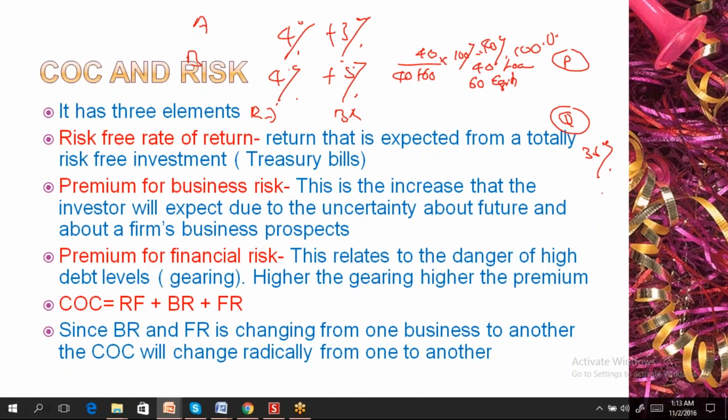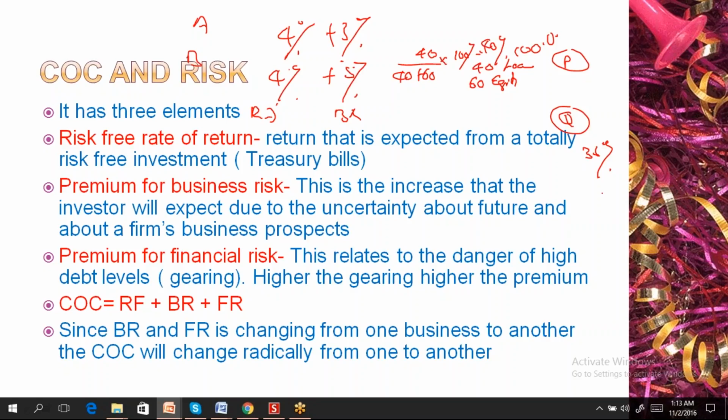So what is gearing? Gearing is the funds we have got from outsiders. In company P, we have 40% outsiders' funds. Company Q, we have 35% outsiders' funds. Now as a shareholder, if you invest money, you think company Q is more risky, is it?